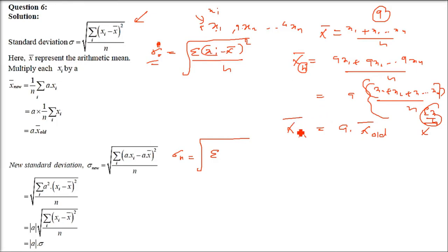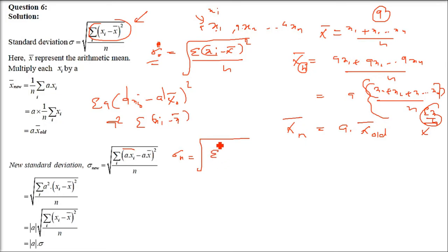Xi is axi, since we have multiplied each element by a, and the new mean we just found is the old one multiplied by a. So the term is axi minus a x bar, and these are the old ones. A is common, so you can take a outside, but it is squared, so a square will come outside. Simply inside we have xi minus x bar, the numerator I am talking about.